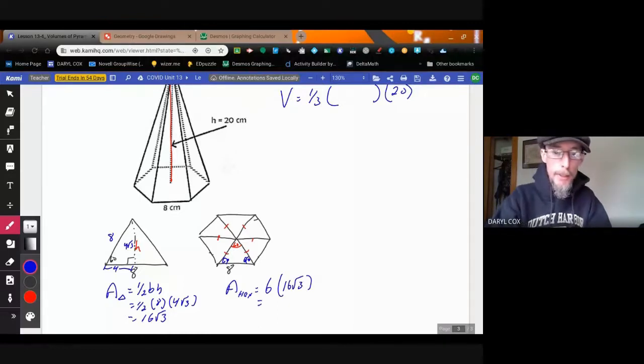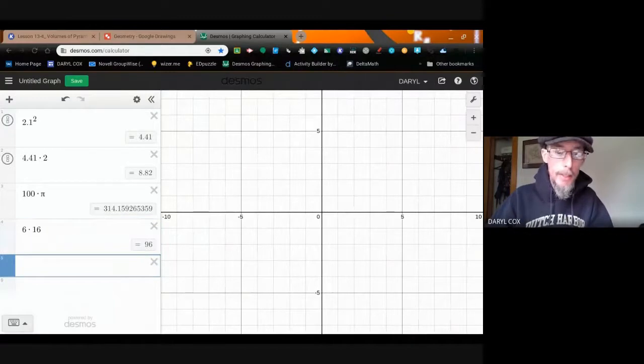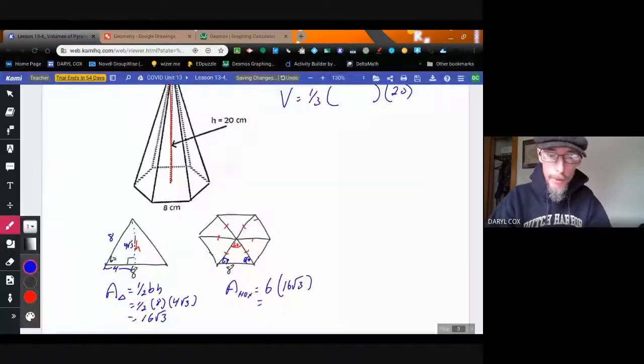Okay, and 6 times 16, I've got to do that here. 6 times 16, 96. So that gives me 96 radical 3, which is the area of the hexagon, which we also called the base area.